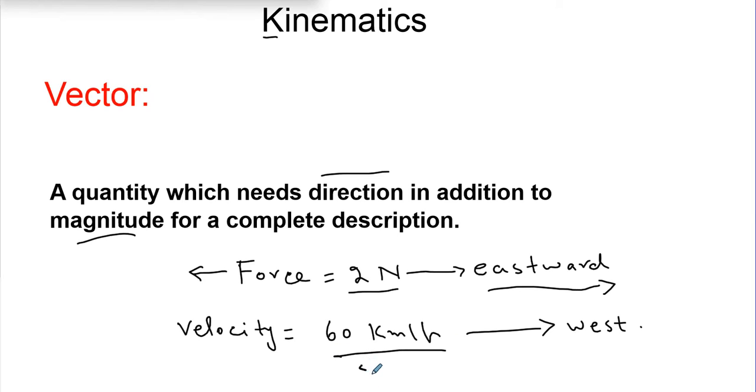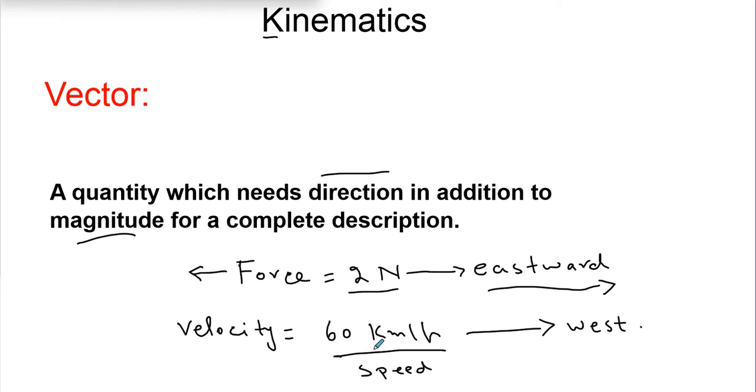Speed is a scalar quantity. If I tell you I am speeding at 60 kilometers per hour, it is speed. But if I say I am heading towards west at a speed of 60 kilometers per hour, now I am telling you the velocity.